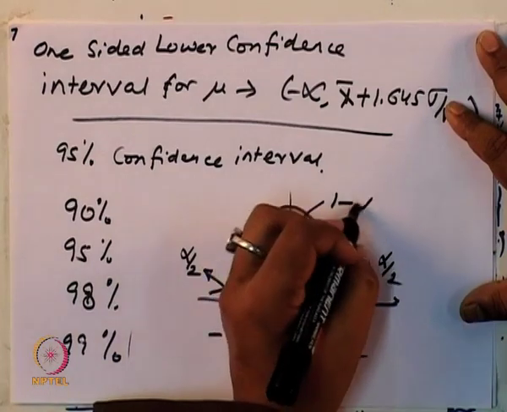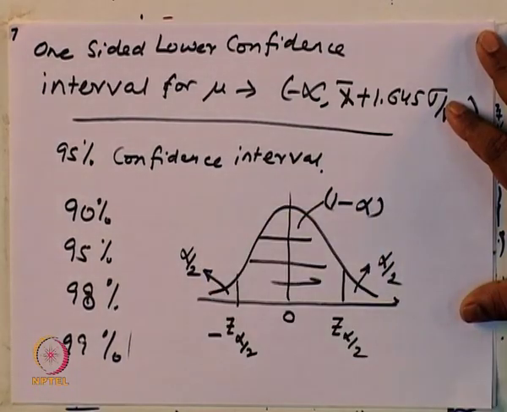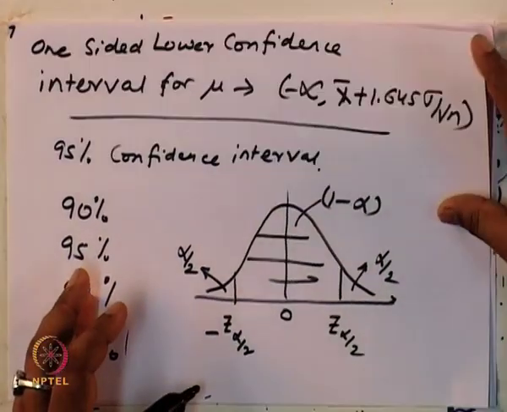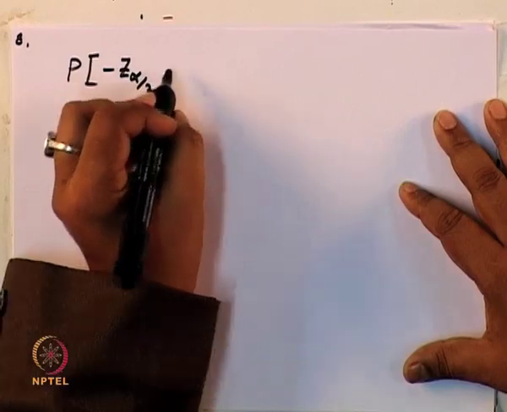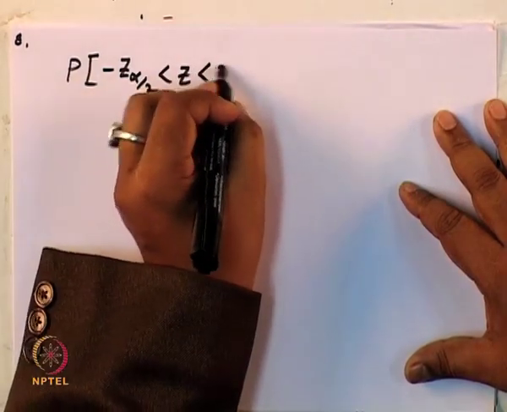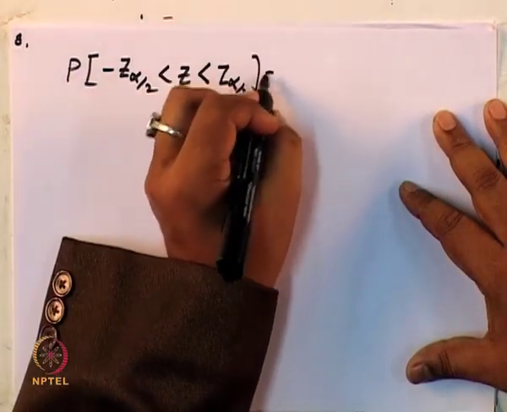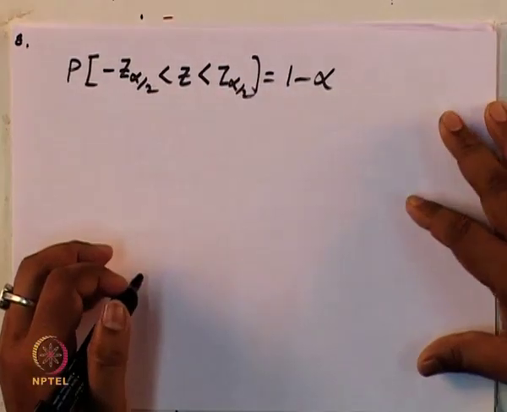This is going to be 1 minus alpha. Okay. So, we can find the probability of minus z alpha by 2 less than z less than z alpha by 2 equal to 1 minus alpha. Okay.